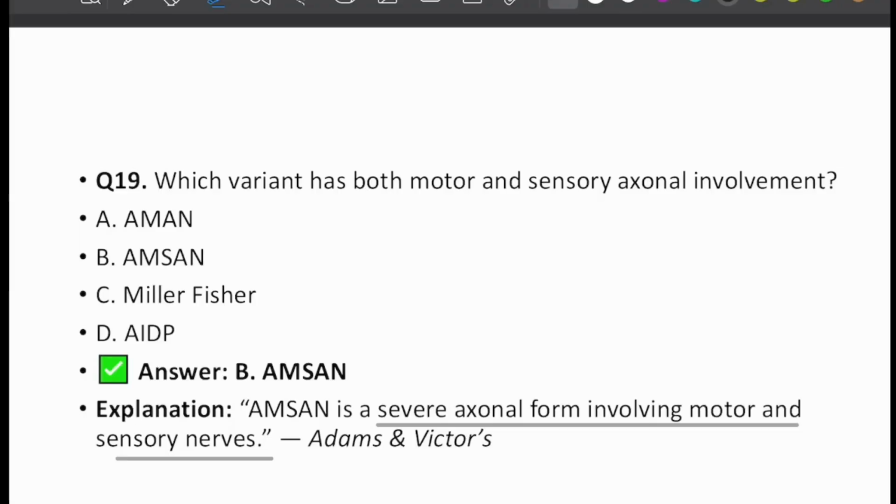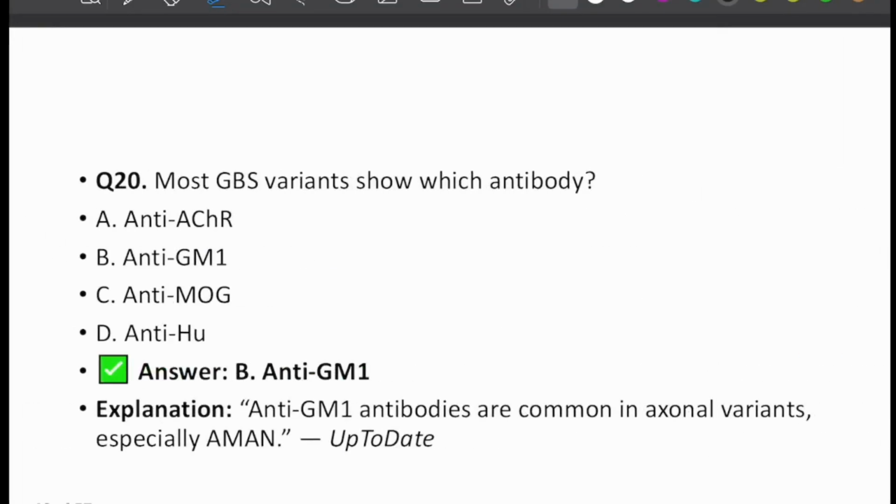Next question: which variant has both motor and sensory axon involvement? Very simple question. It is AMSAN. AMSAN is a severe axonal form involving motor and sensory nerves. So AMSAN has an axonopathy with motor and sensory involvement.